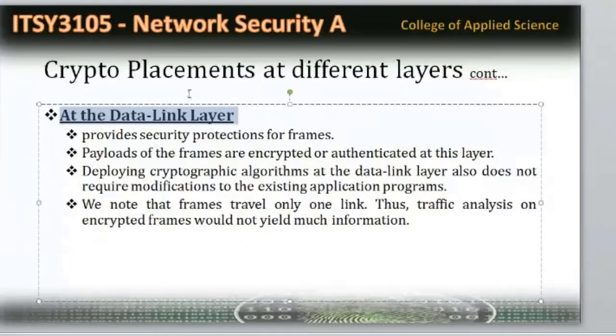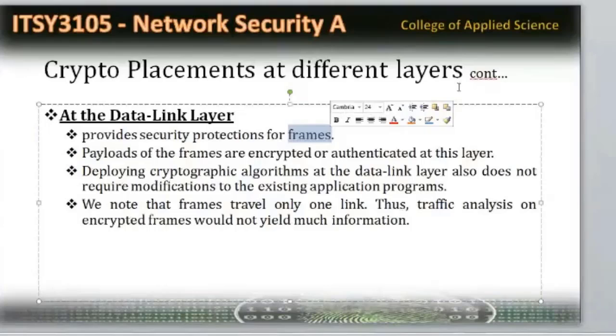Now let me go to the data link layer. In the data link layer, what is available? We have frames. I am in layer 2 now. These frames we can encrypt.